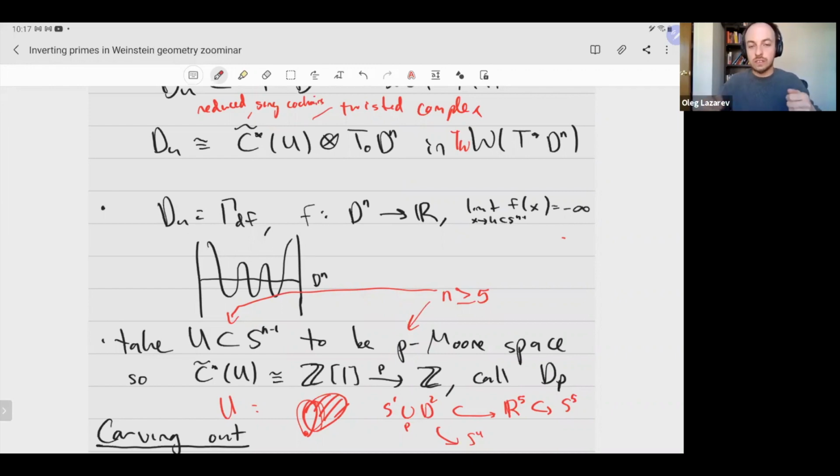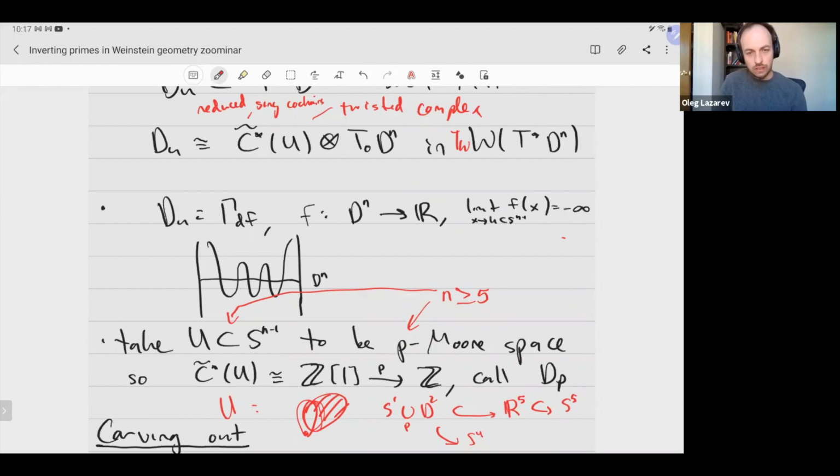You view that sphere as the boundary of a disk. Then you create a function on the disk, which goes to negative infinity near U as you approach the boundary, and goes to positive infinity away from U. There's some region in between where it stays 0.